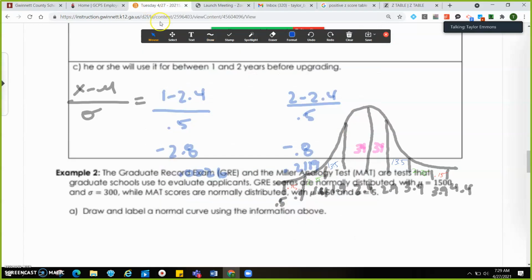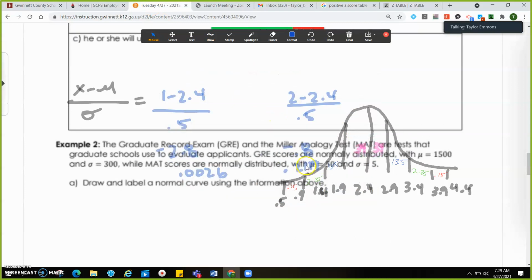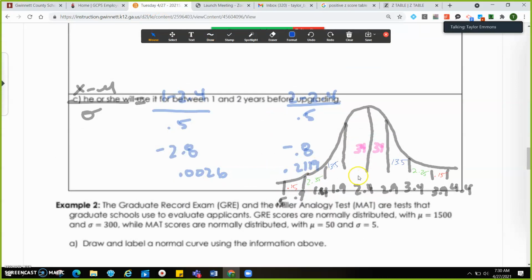Going back to my page, I'm now going to subtract those two numbers: 0.2119 minus 0.0026 gives me a difference of 0.2093. So there's a 20.9% chance that they'll use it between 1 and 2 years before upgrading.